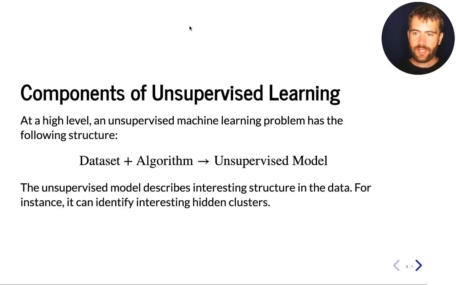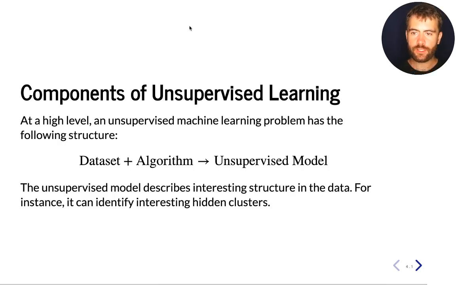Now, again, at a very high level, the components of an unsupervised learning problem are very similar to that of supervised learning. We always need to start with a data set, and I will define shortly what a data set here is, but we do have to start with a data set.